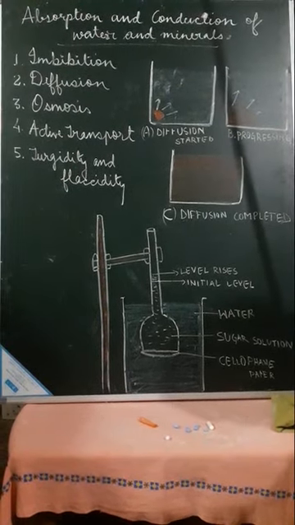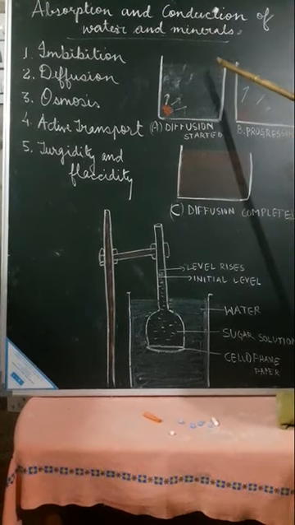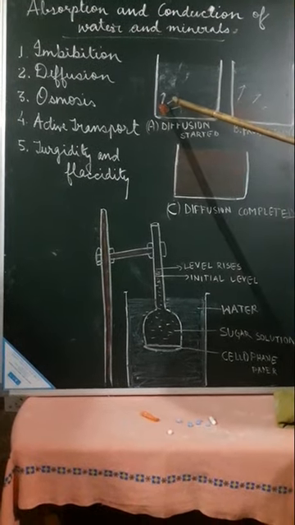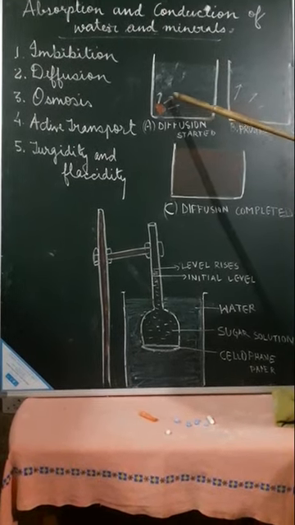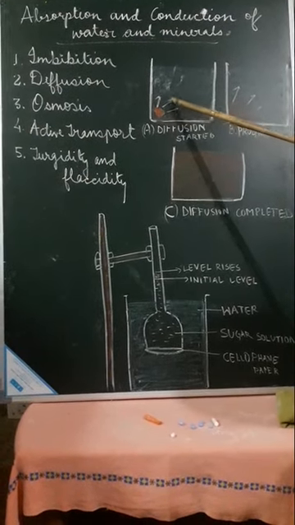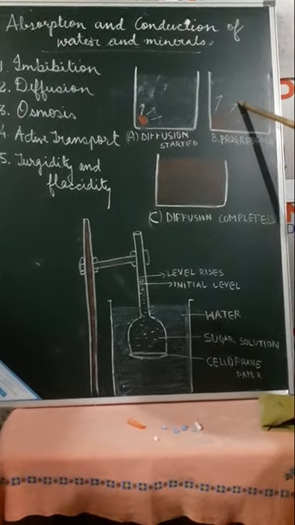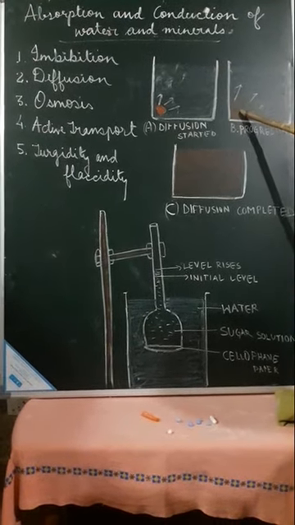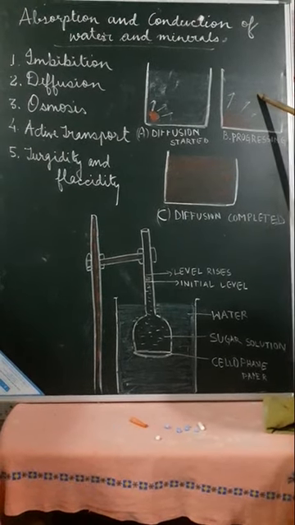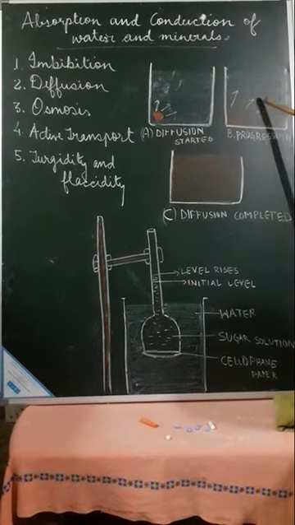Please learn the definition and the experiment. When you come to the class, I will be showing this. So as we put the small crystal of potassium permanganate, it starts moving from higher concentration to lower concentration. Here you can see it is spreading. So molecules of the potassium permanganate are moving towards the water and mixing up with water.